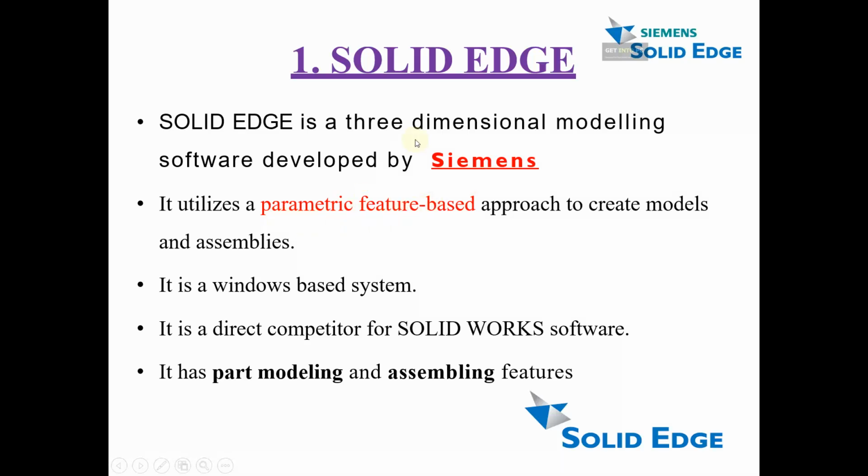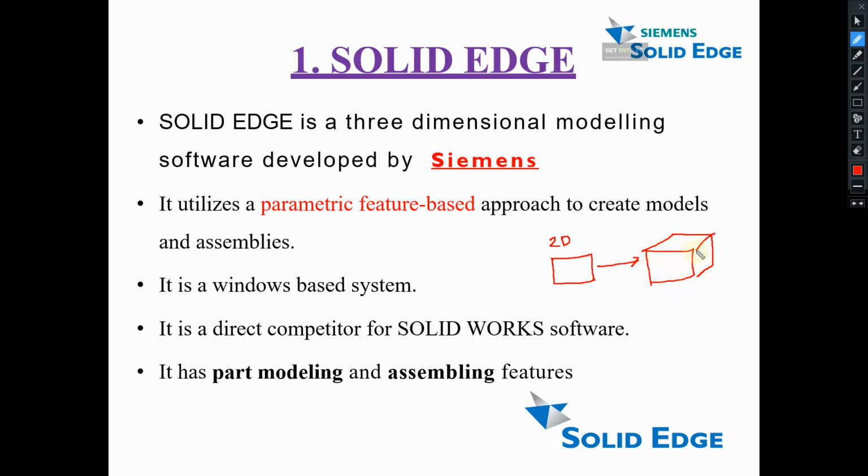And parametric. So what does parametric mean? So parametric feature-based approach means that when we create a two-dimensional geometry and then we convert that to a three-dimensional model, suppose we have to change the geometry of this model. So what we have to do?